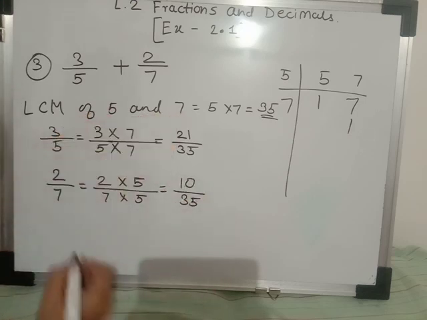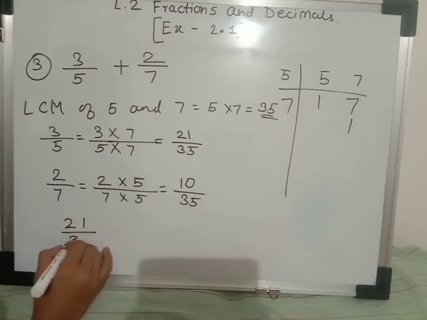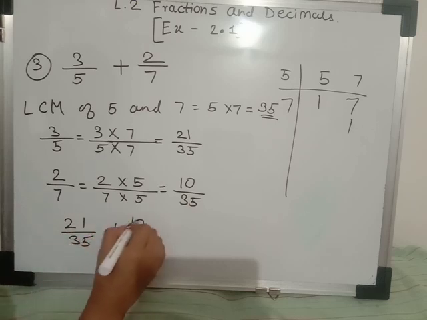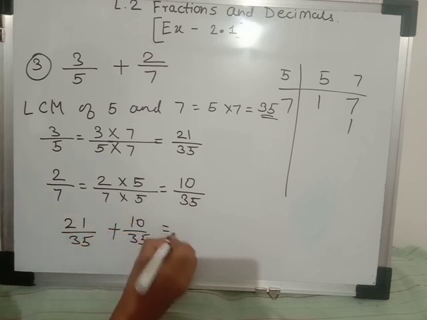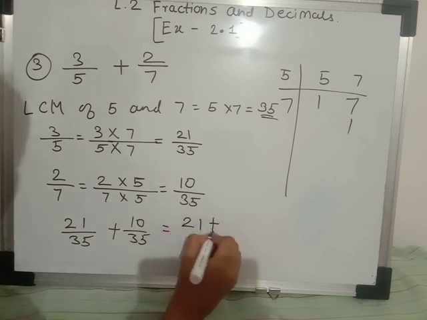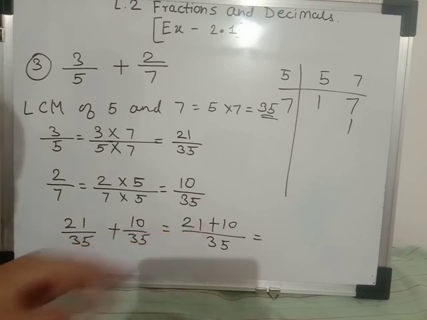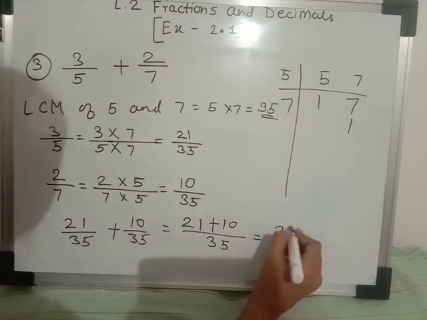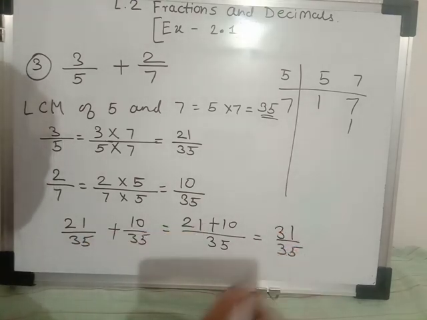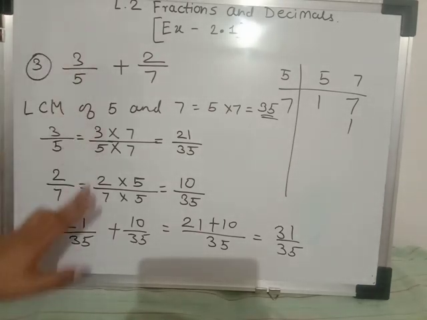So from both the fractions we get the same denominator. Now here we can add them. So 21 plus 10, take common denominator. 21 plus 10 is equal to 31 upon 35. Okay, so in this way we have solved.